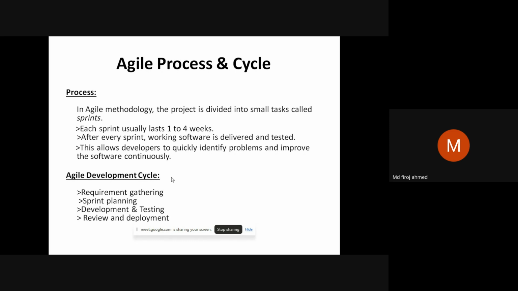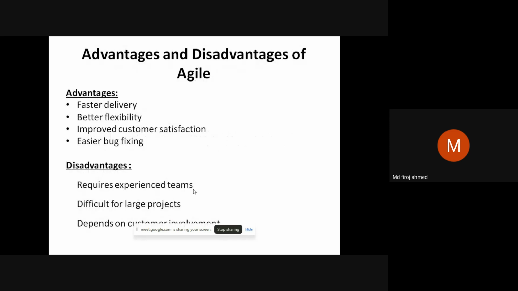In the Agile development cycle, first we gather the information, then break it into sprint planning, then develop, and after developing we test the application, then take the review, and then redevelop again if we have any drawback. This is the whole cycle of the Agile process.